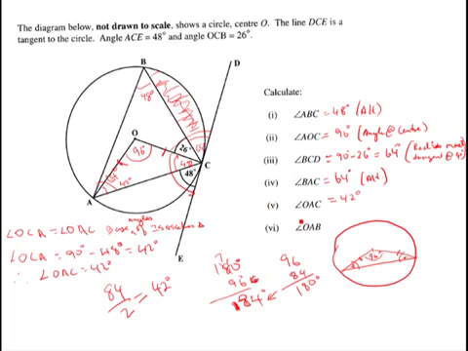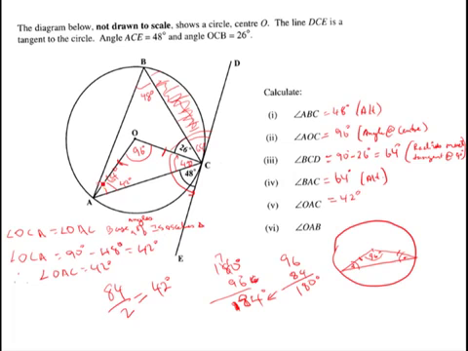The last one is angle OAB. Now that should be simple. Angle O to A to B. Since we found angle OAC to be 42 and the entire angle BAC to be 64, then these two pieces must add up together to give you 64.